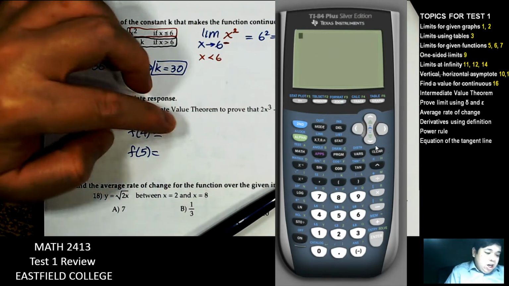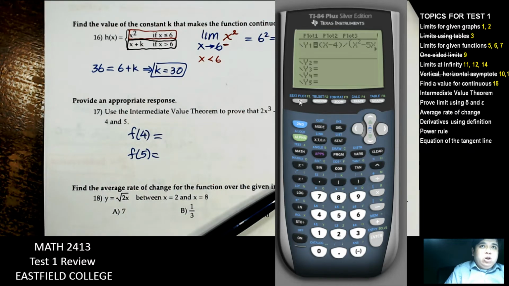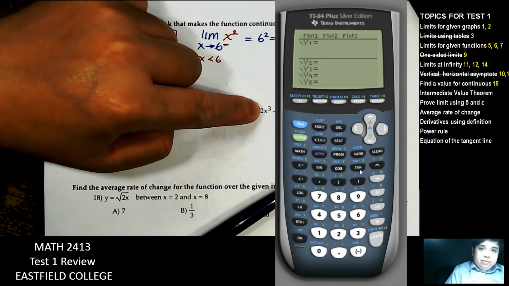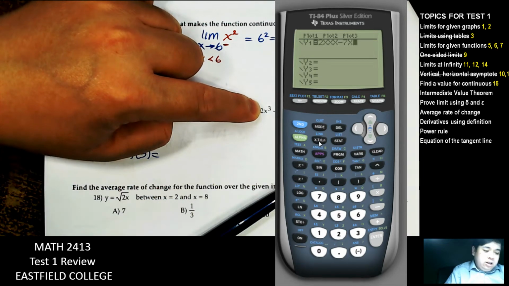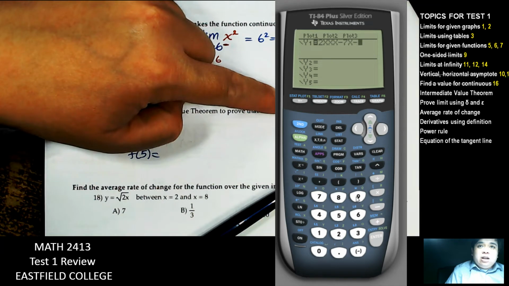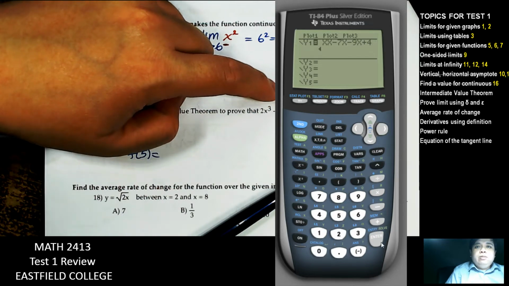Since we only test 2 values, I don't need to store them, but if we want to, we can always do that. Do x cubed, minus 7x squared, minus 9x, plus 4.